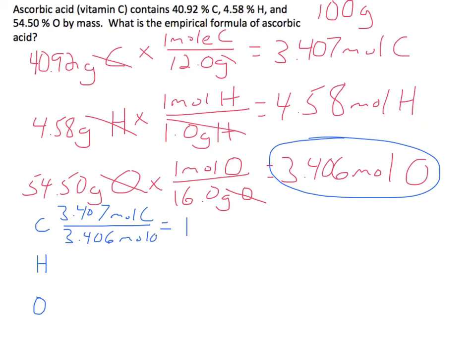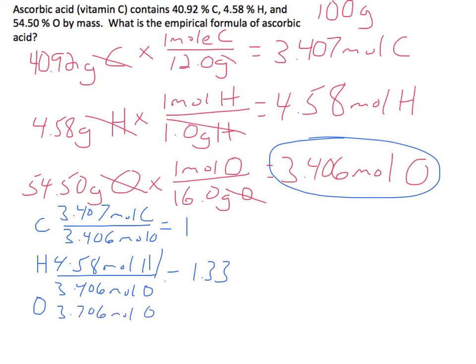For hydrogen, we take 4.58 moles of hydrogen and divide that by the 3.406 moles of oxygen. That gives us 1.33. And for the oxygen, we have 3.406 moles of oxygen divided by 3.406 moles of oxygen, and so that's equal to 1.